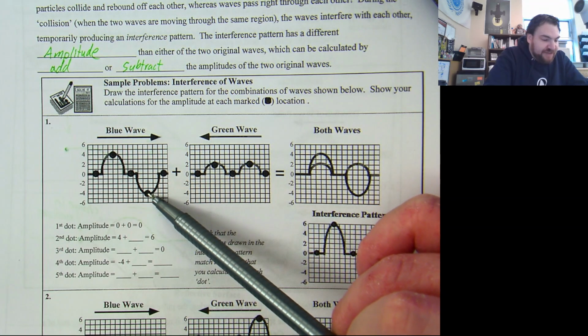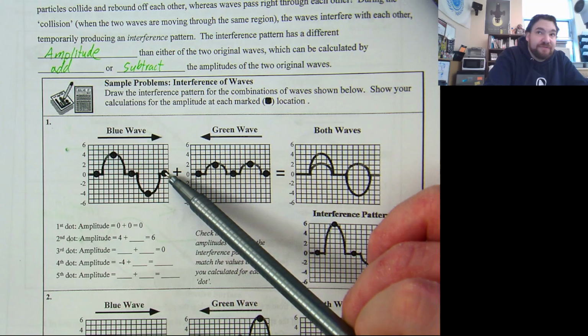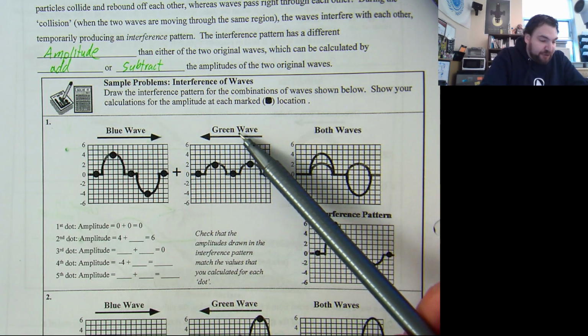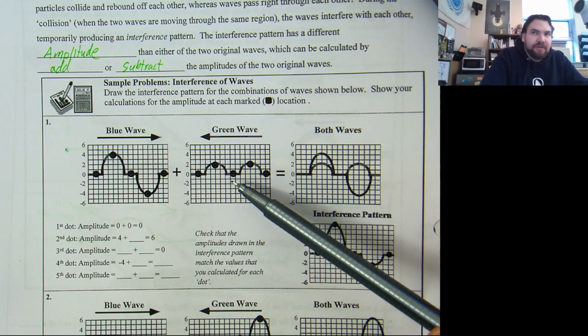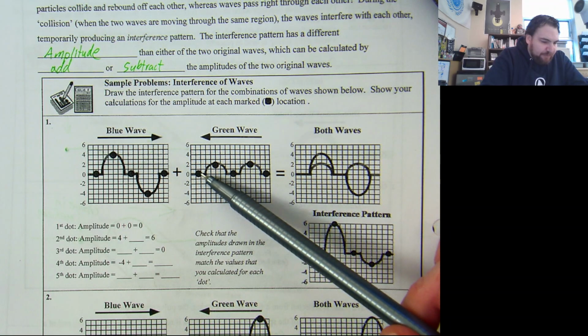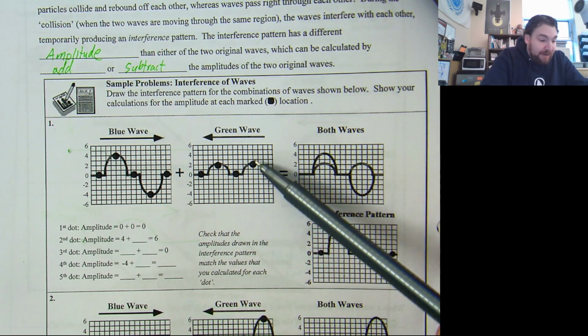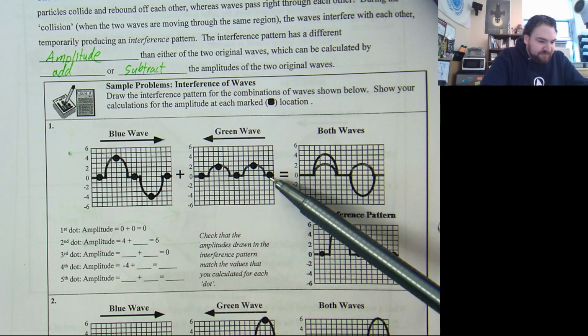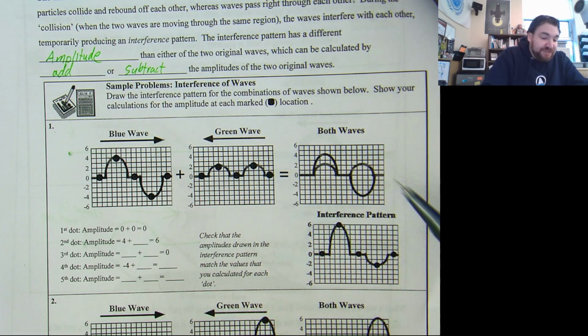Here it has an amplitude of -4, and here it has an amplitude of 0 again. It's at equilibrium. The blue wave is moving to the right and the green wave is moving to the left. The green wave is weird. It's at equilibrium, up, and back to equilibrium. It's not inverted at all. It's one pulse up, and then back at equilibrium.